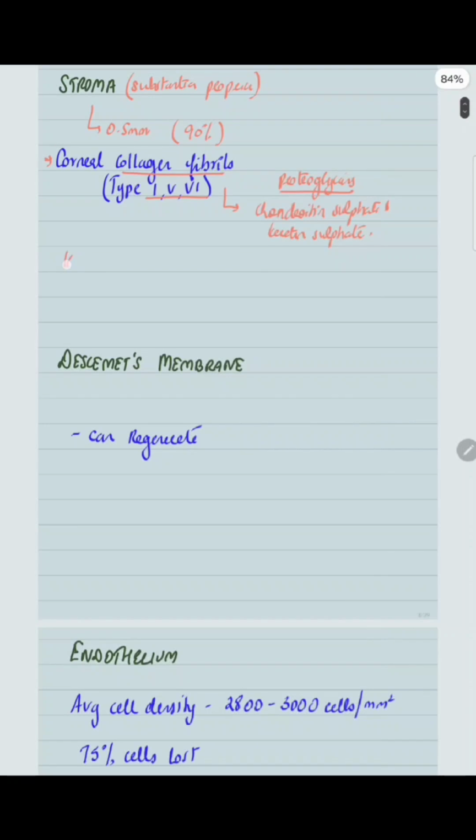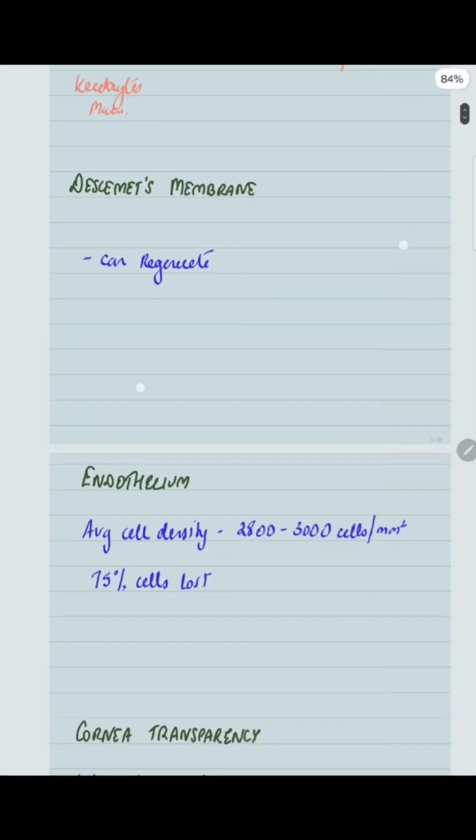Then there are keratocytes, that is fibroblasts, also in the corneal stroma. Macrophages, histiocytes and leukocytes are present in the lamellae.